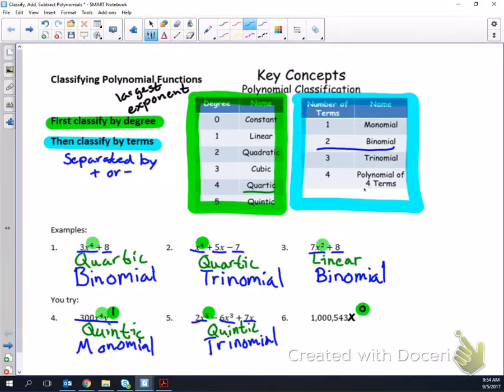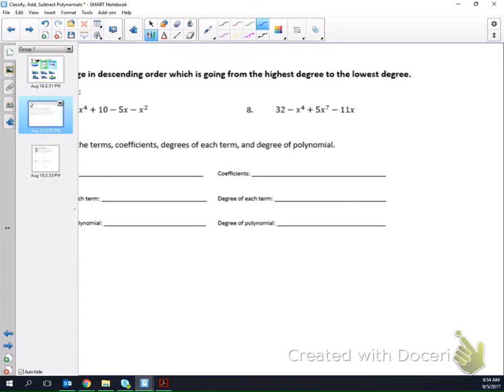This we would call constant. Okay, when you don't see a variable, that's a constant term. No pluses or minuses, there's only a single term, so monomial. All right, let's move on to the next section.